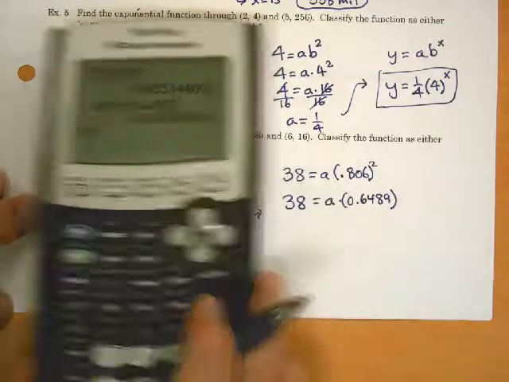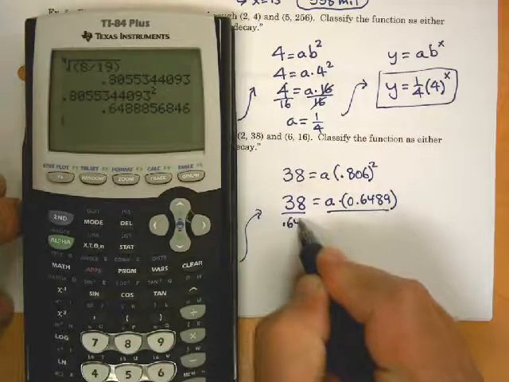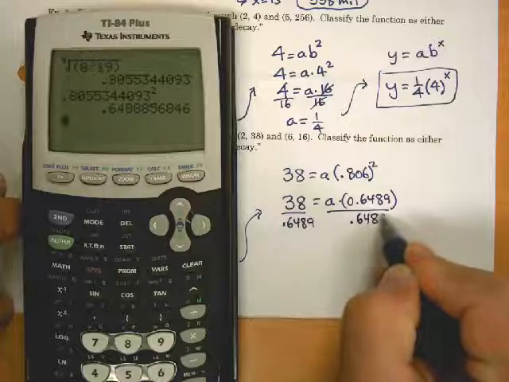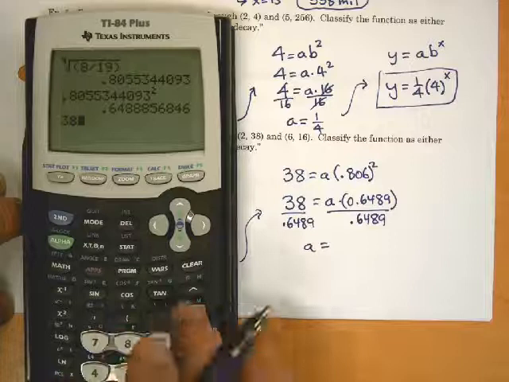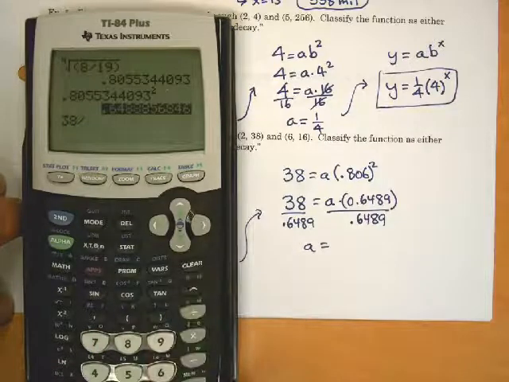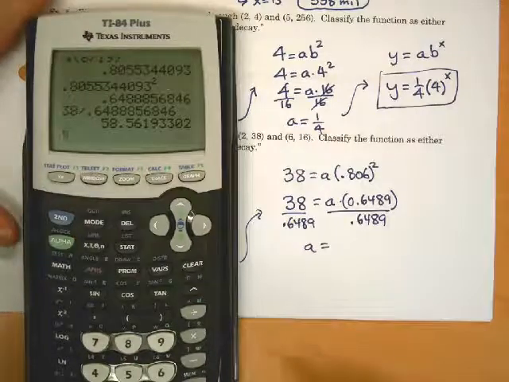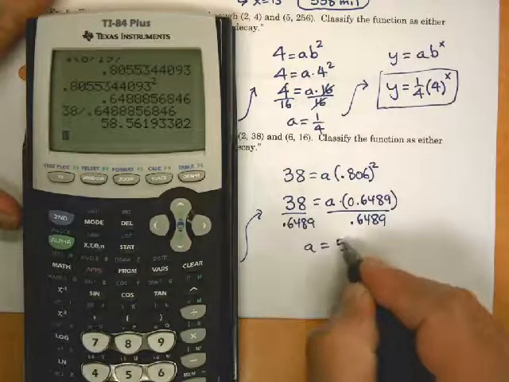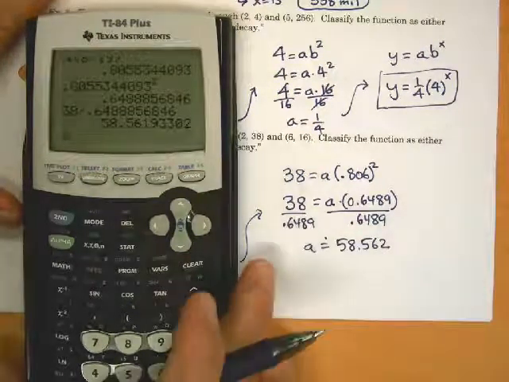And now I'll divide that into 38. And that tells me A will be, let's see what 38 divided by that last answer is. I'll go up and grab it. 58.562. And that's rounded.